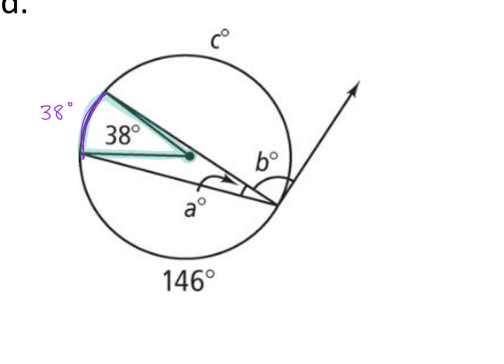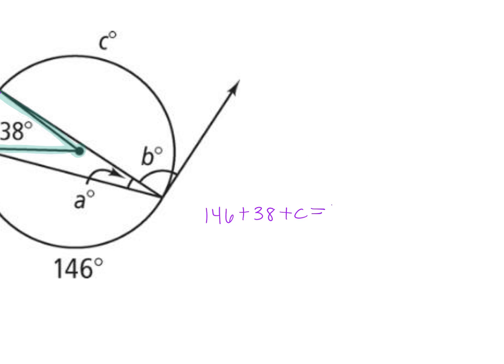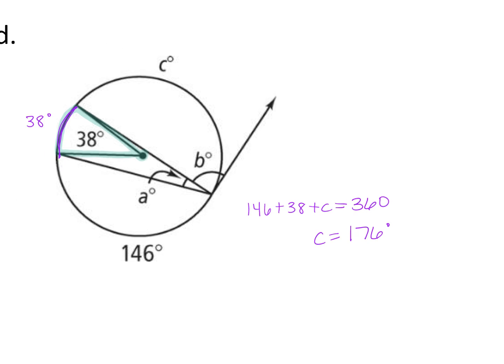If you want to start with C, you would do 146 plus 38 plus C makes up a full circle, so 360. So you're going to go 360 minus 38 minus 146. So C is 176.